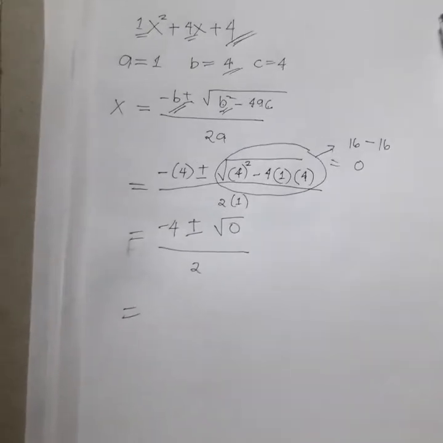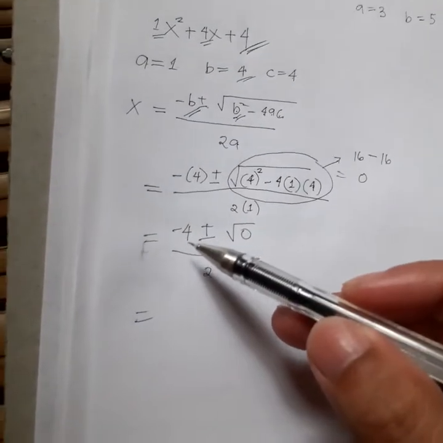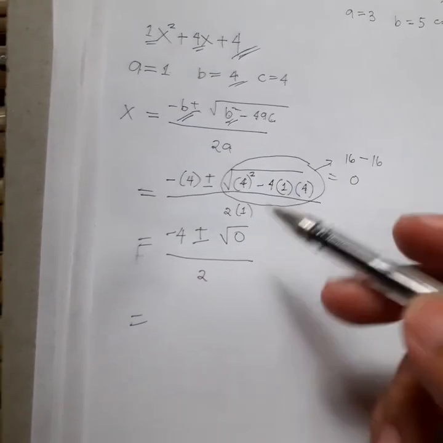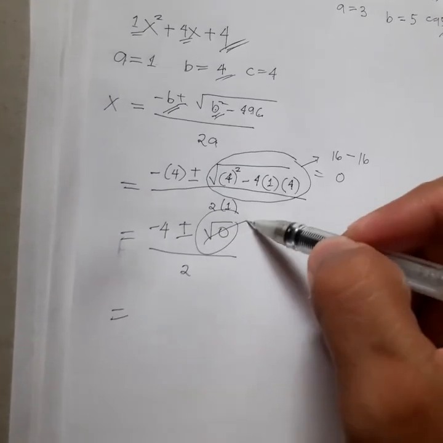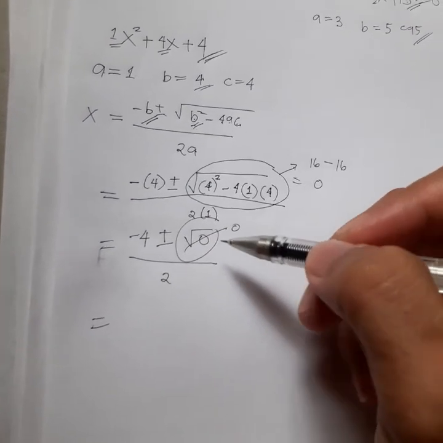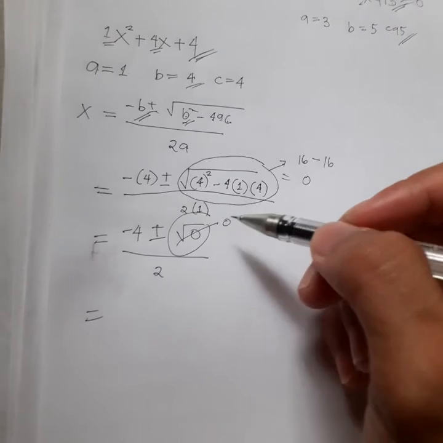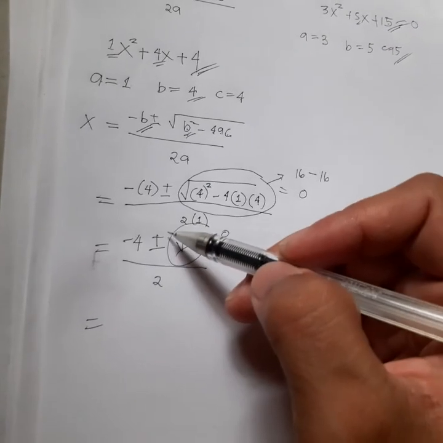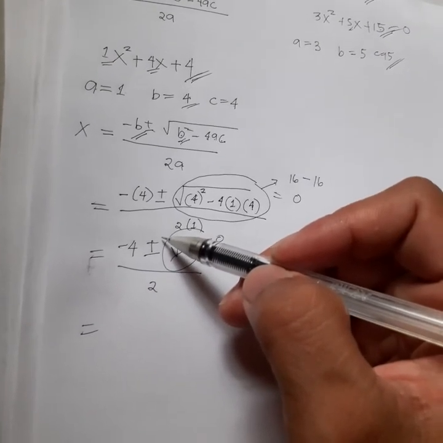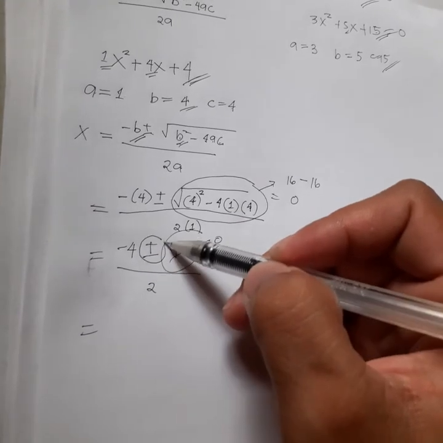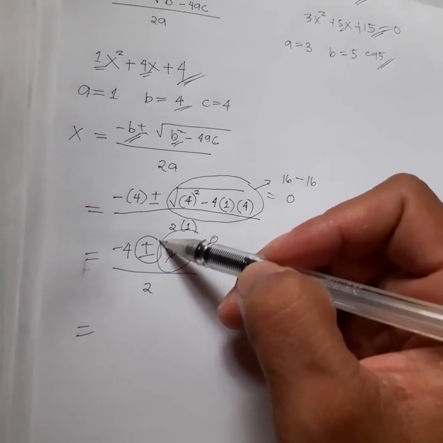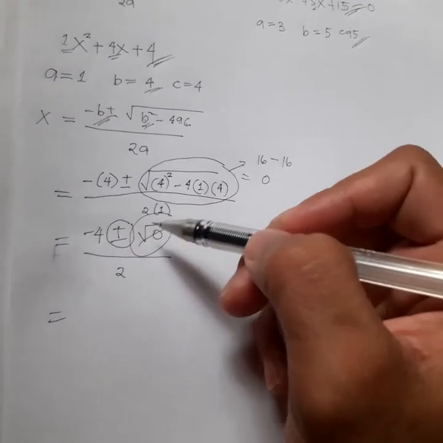Then let's continue. We have negative 4 plus or minus the square root of 0. The square root of 0 is already 0, since 0 times 0 is 0. There is no such sign for 0. There is no positive 0 or negative 0.